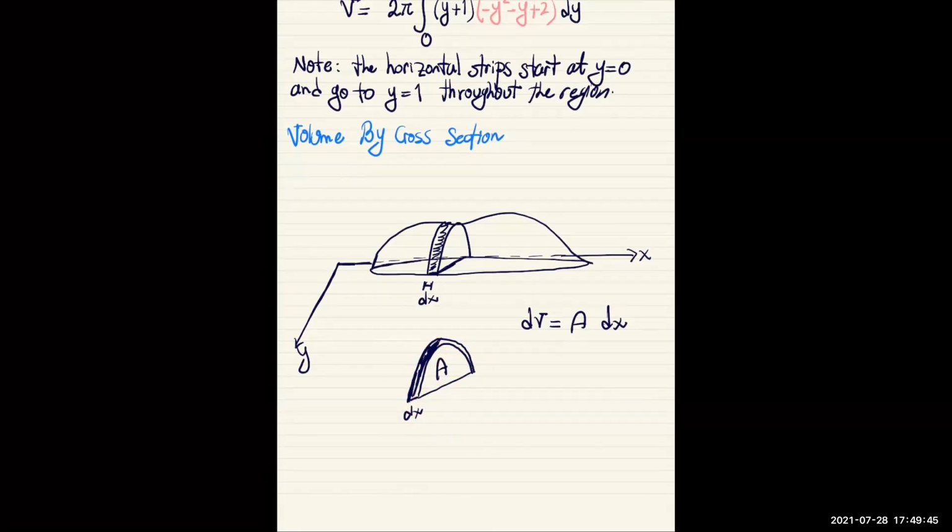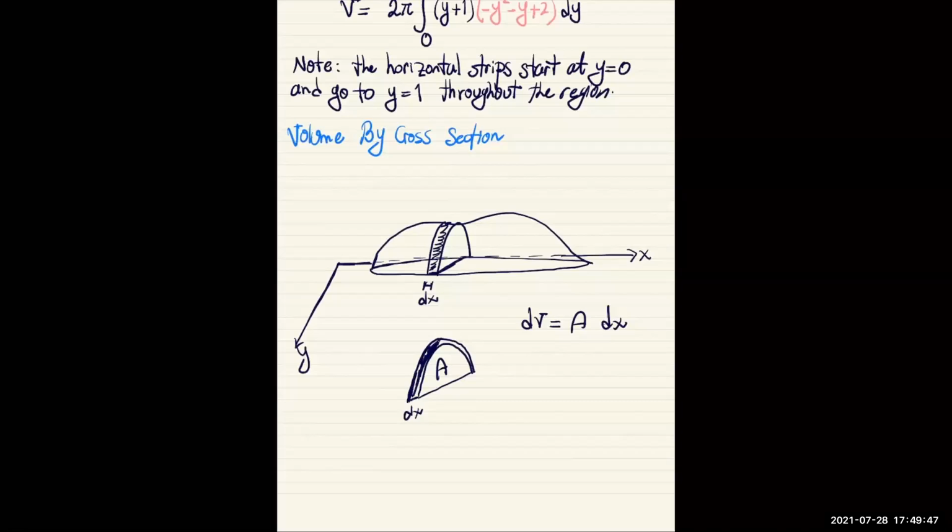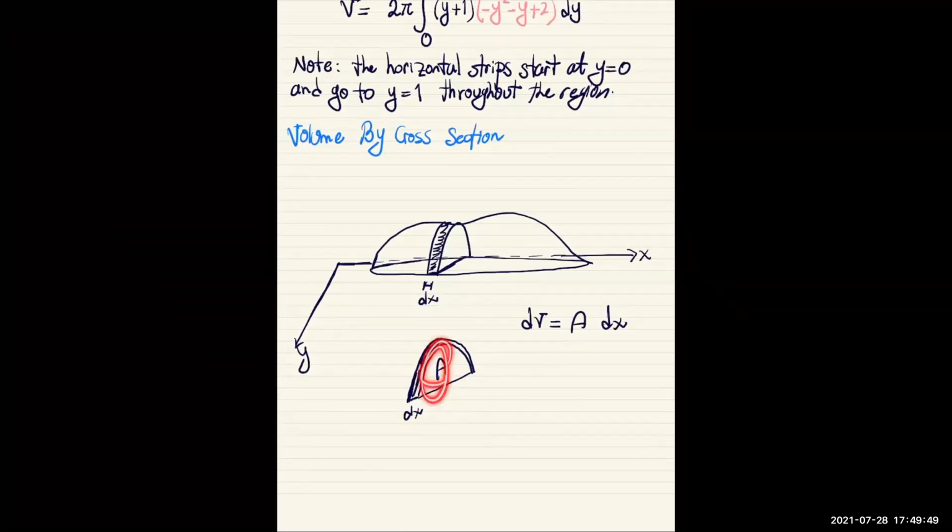And we want to find a way to express this area as a function of x. Why is that? That's because for different x values, we're going to get different cross sections. Not all of these slices are going to have the same volume. Not all of them will have the same area, right?